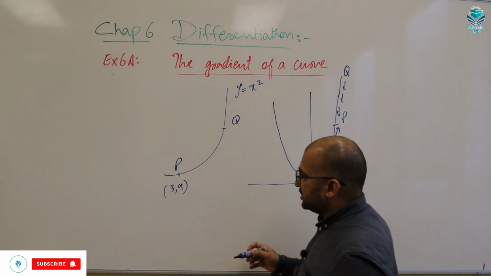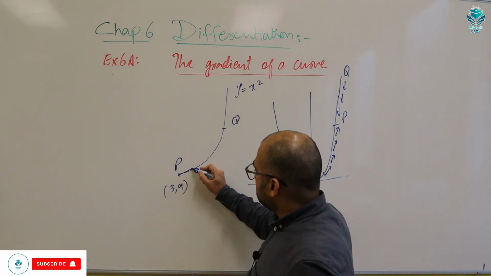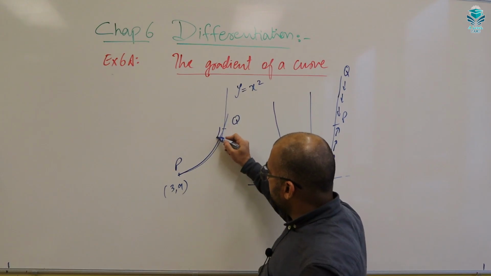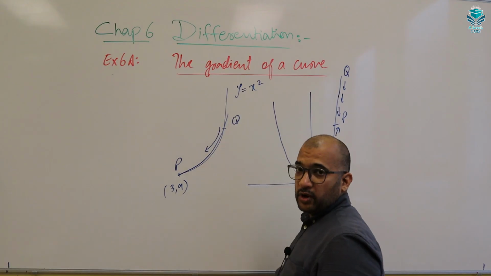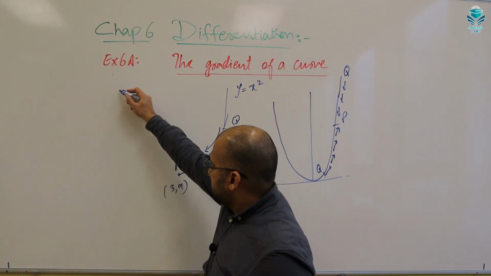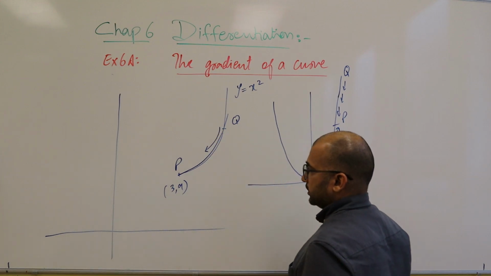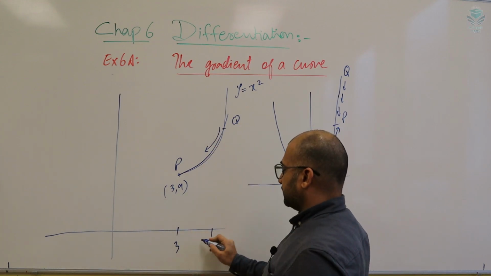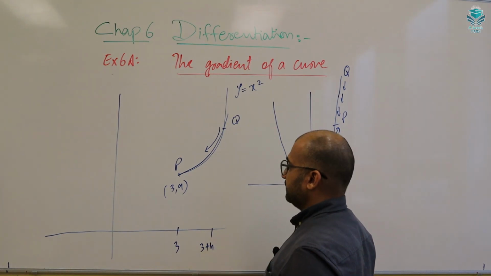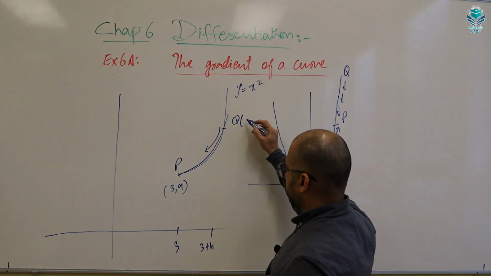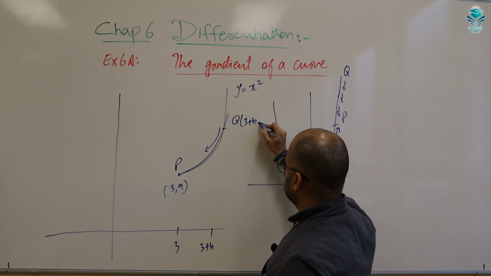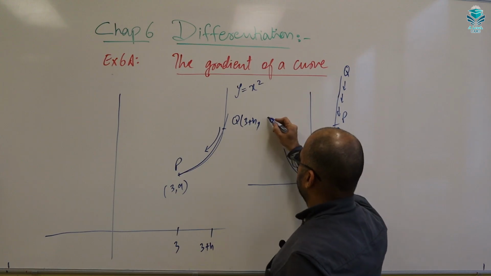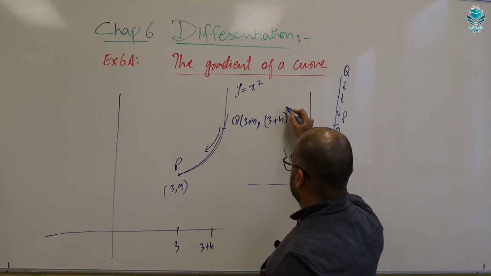In any direction which is suitable for you, you can use. Let's say this is a curve and point Q is approaching point P. Let's say this is 3, and Q is a little bit after, so this is 3 plus h. The coordinates of this would be 3 plus h and (3 plus h) square.